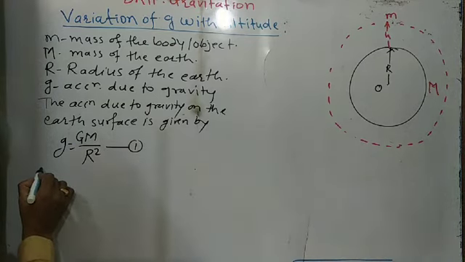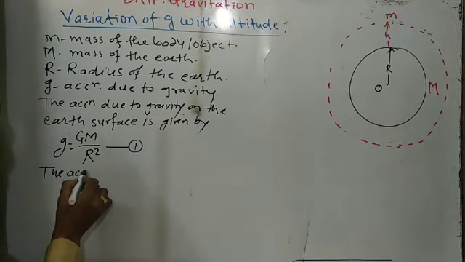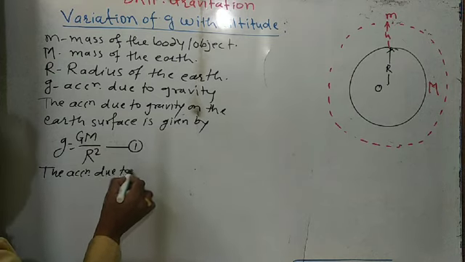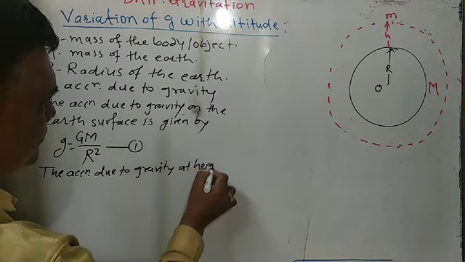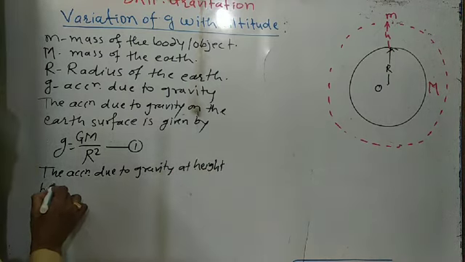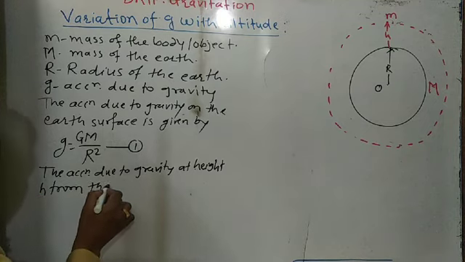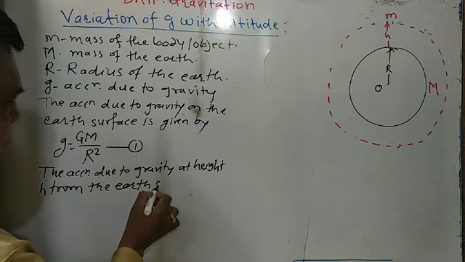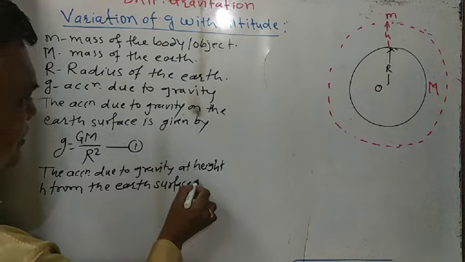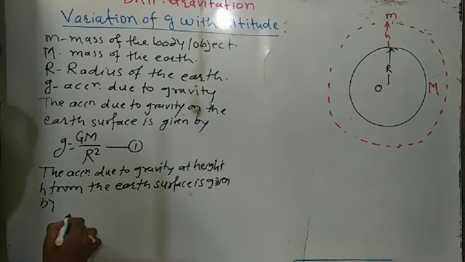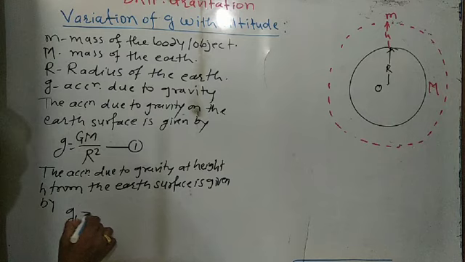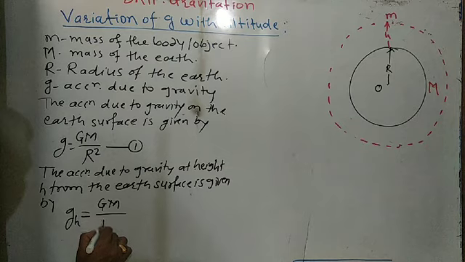Then the acceleration due to gravity at height h from the earth's surface is given by g_h, where h is the suffix for height. g_h equals GM upon (R plus h) square.